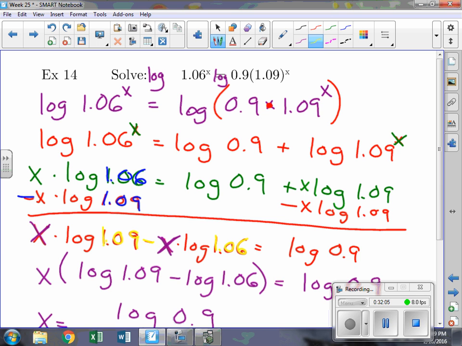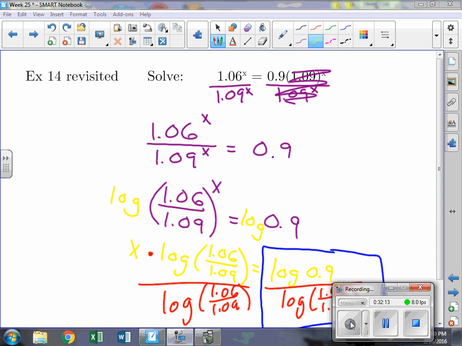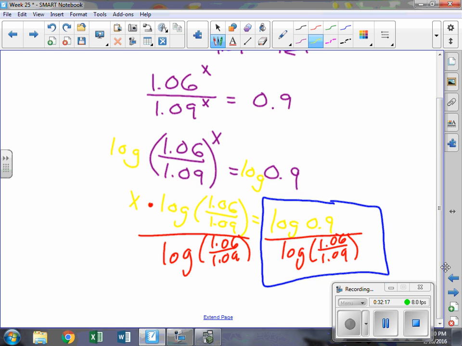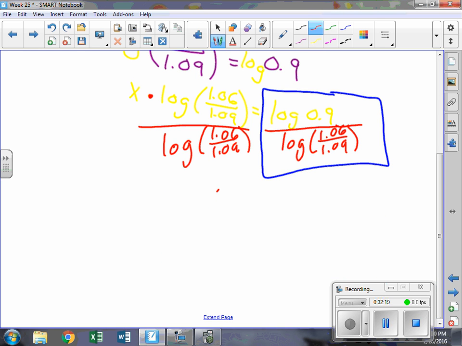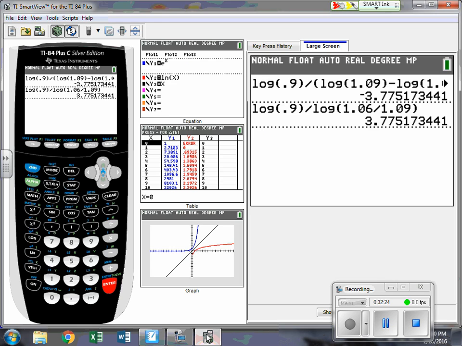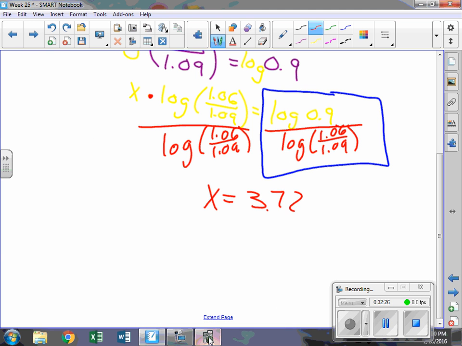Obviously, you're not allowed to do that, so that error followed its way downward and caused the rest of it to be a mistake. What was the end answer there? Of course, positive. The correct end answer, to three significant digits, was 3.78.